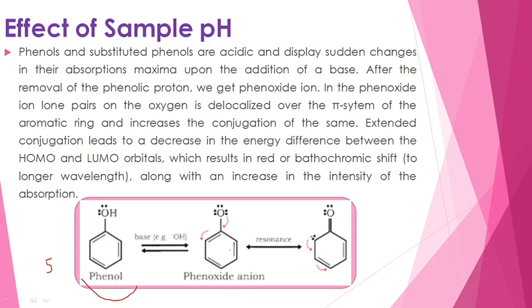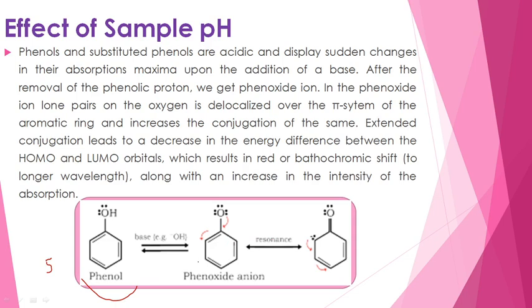Phenoxide ion, which bears a negative charge on oxygen, will be involved in the resonance form, so there is a possibility of an increase in conjugation. So comparing before and after, you are finding an increase in the extent of conjugation because of resonance.